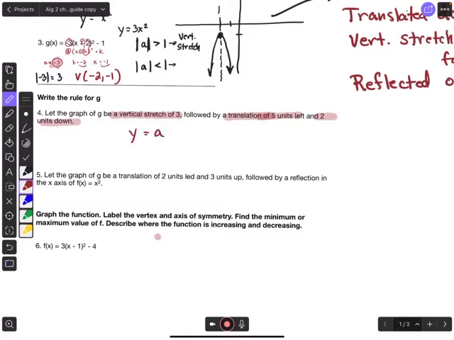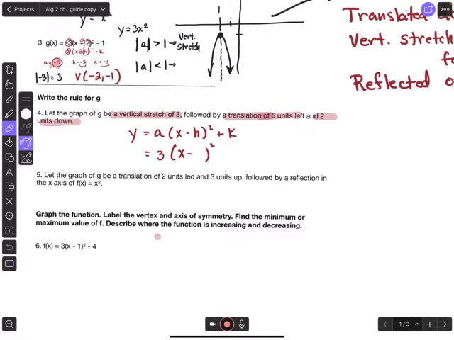So all that is taking this equation and plugging in the appropriate values. I want to stretch it by 3, fine, I make a 3. I want it to go left by 3. If I were to just put a 3 in here for h, that would actually give me a translation to the right of 3 because the h would be 3. Oops, I know I'm stuck on 3.